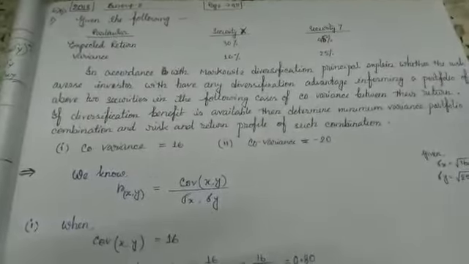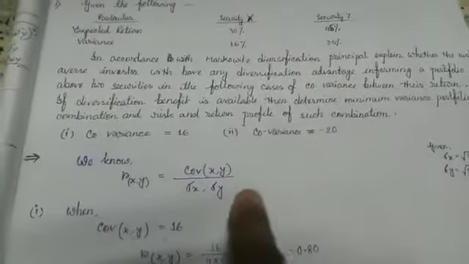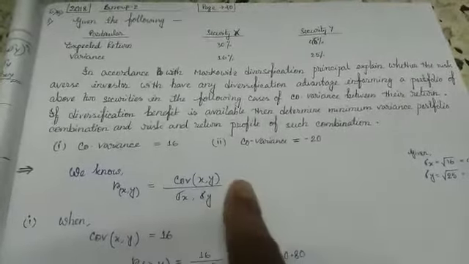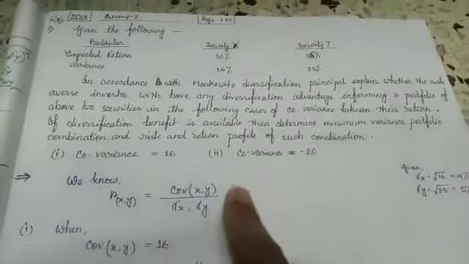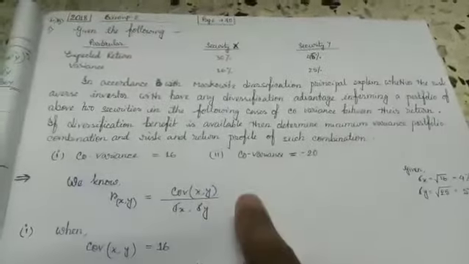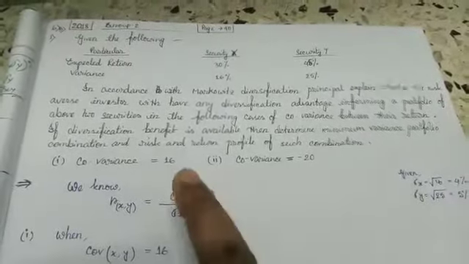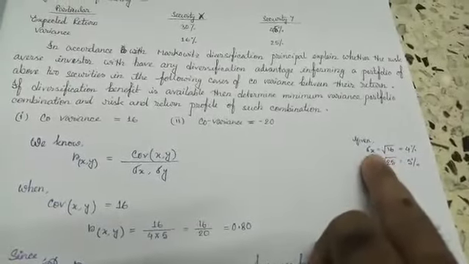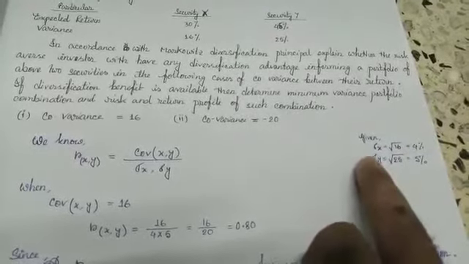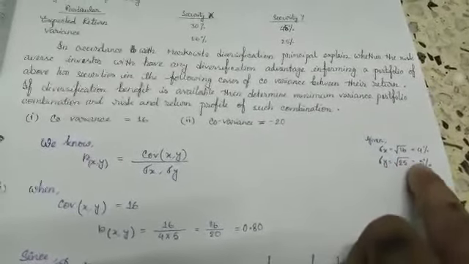Now we know that the correlation coefficient between two securities, denoted by Rxy, is equal to cov xy divided by sigma x into sigma y. Here cov xy is given as 60, and sigma x and sigma y, that means the risk associated with security X is 4% and for security Y it is 5%.